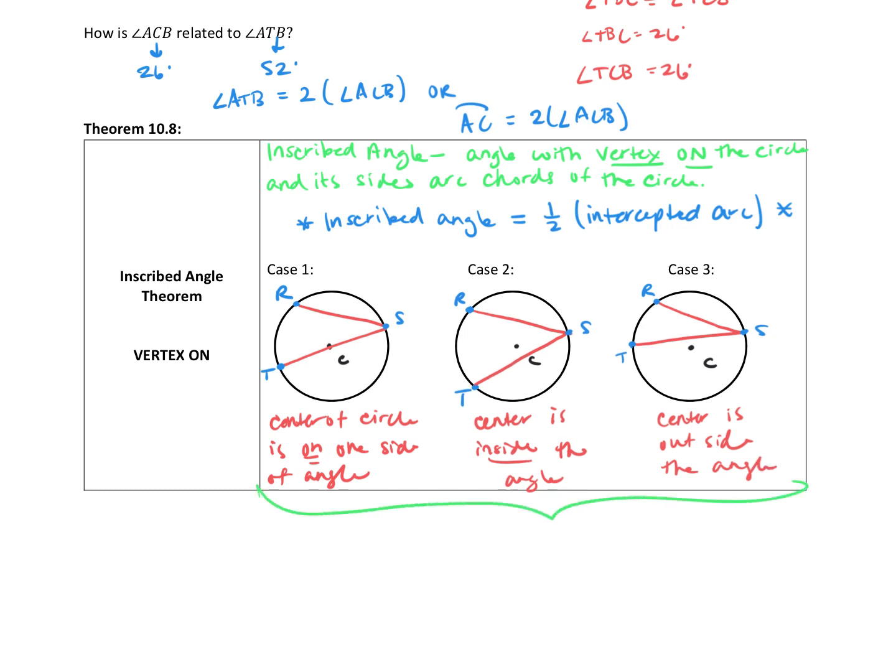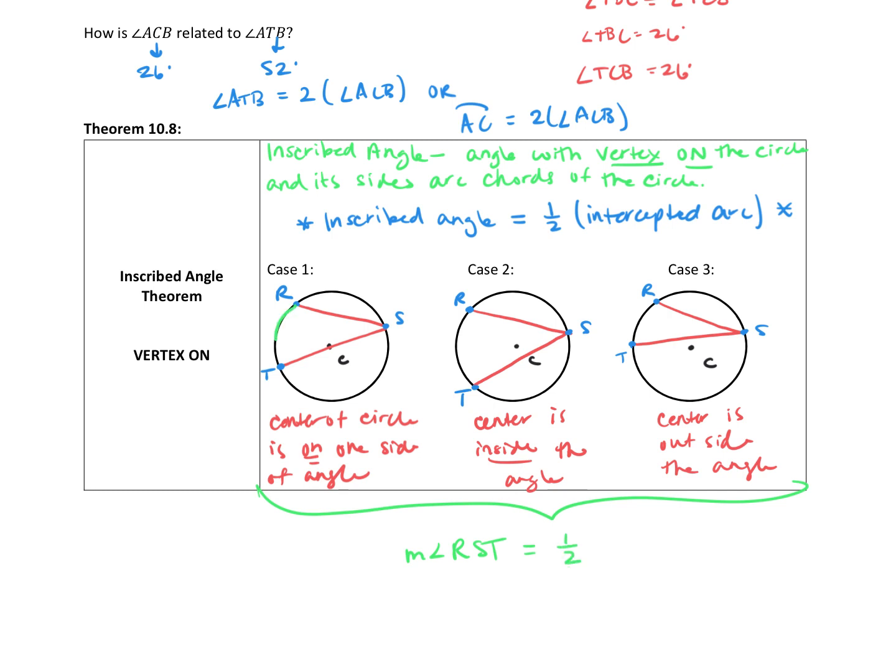All right, for all 3 cases, the measure of angle RST, whether it's right here, RST where the center is on the inside, or RST where the center is outside the angle, the measure of angle RST will be equal to 1/2 times its intercepted arc.